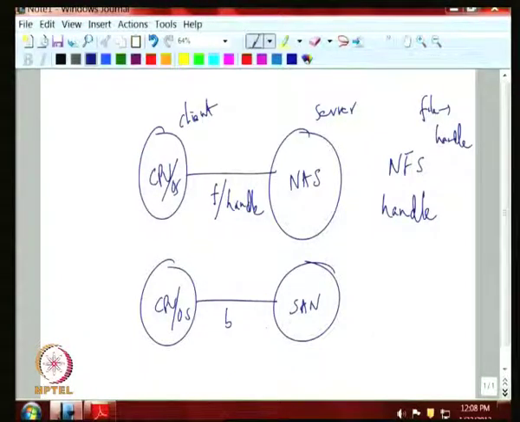Here in this case, it is strictly block level. That means that this particular OS should keep the maps about where the blocks are. It's the responsibility of this particular OS/file system. There's a file system out here, and it is their responsibility on this side to figure out where the blocks are.